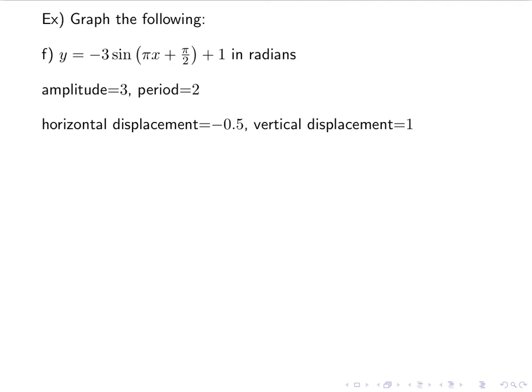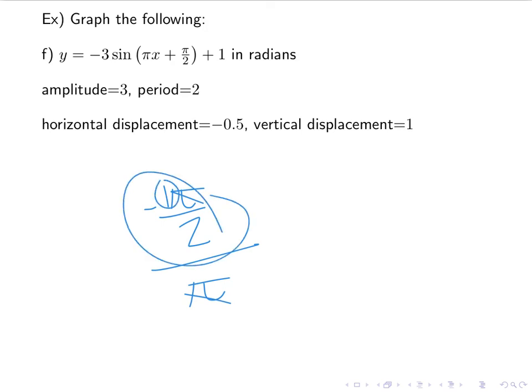All right, so -C over B. So the pi's cancel and we're left with negative. Remember there's an invisible 1 there. So we're left with -1/2. And then the vertical displacement is the +1.